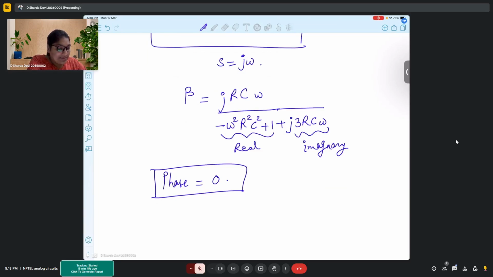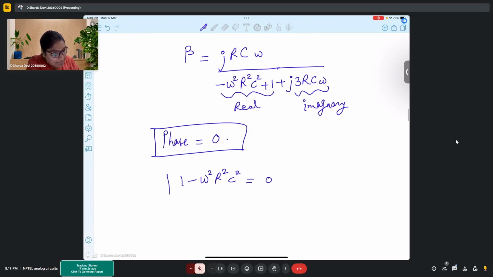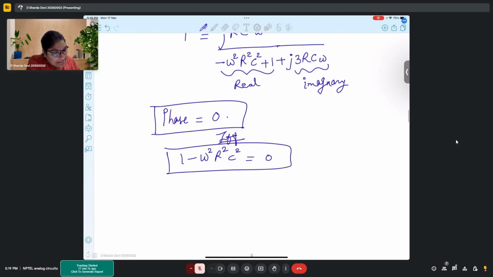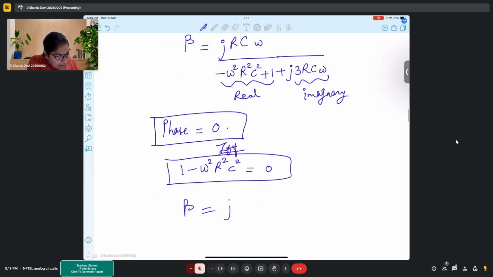If I put my real part to 0, then 1 minus omega square R square C square is 0, and in beta I am left with JRC omega by J3RC omega. J is cancelled, RC omega is cancelled and we are left with 1 by 3.